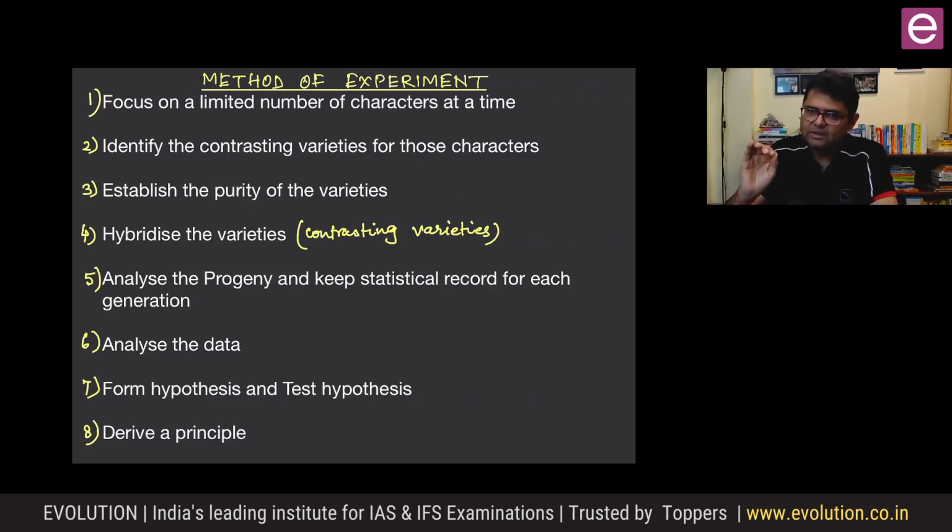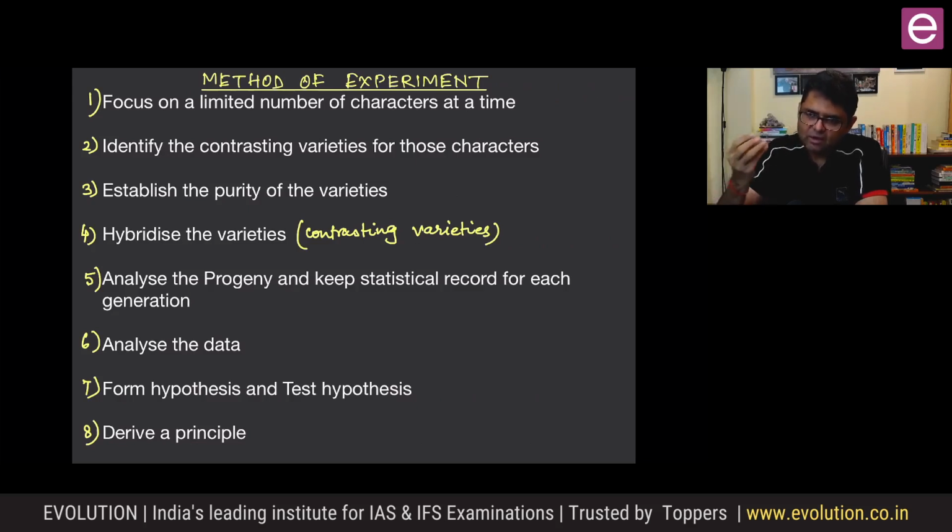And then Mendel analyzed the progeny, counted the numbers, and kept a proper statistical record so that he could later analyze. And after analysis, point number 6, Mendel formed a hypothesis that, okay, if these are my findings, what explains these findings? And then he did not stop there. If this was his hypothesis, he tested the hypothesis. Means he carried out more experiments.